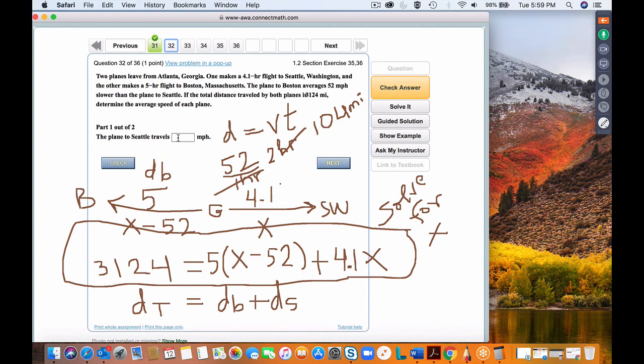So the value for x, you put it right here. And then for part 2, you subtract 52 to get the velocity of the plane going to Boston. Thank you very much.